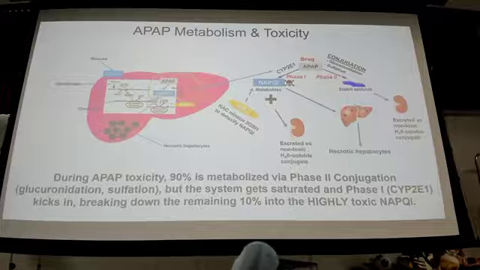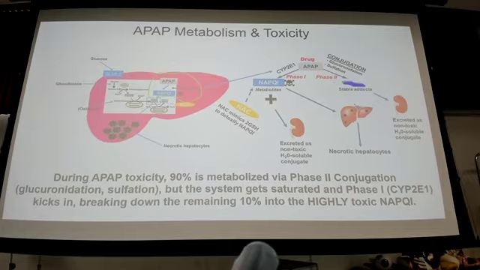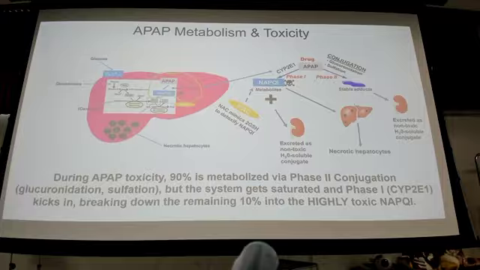Is there a certain threshold that will activate NAPQI formation, or is just a little bit enough? That's a good question. I don't know the minimum amount that requires NAPQI to be activated, but it's determined based on phase 2 being overwhelmed.